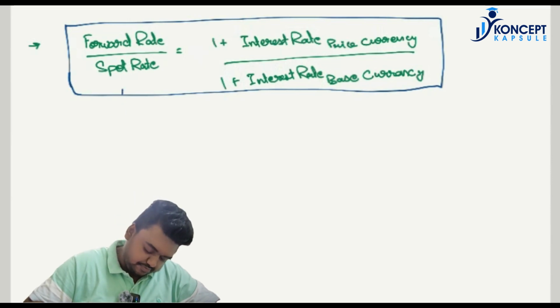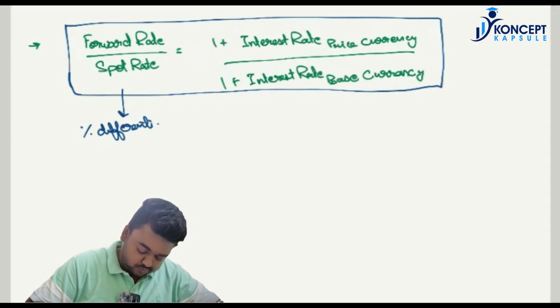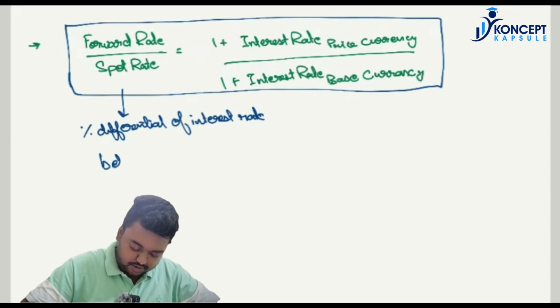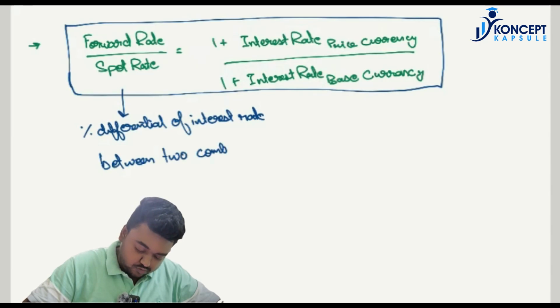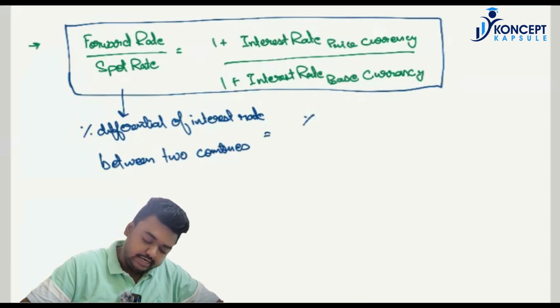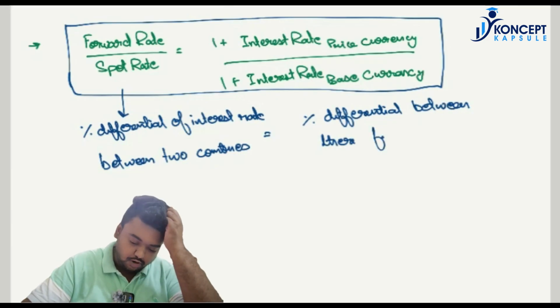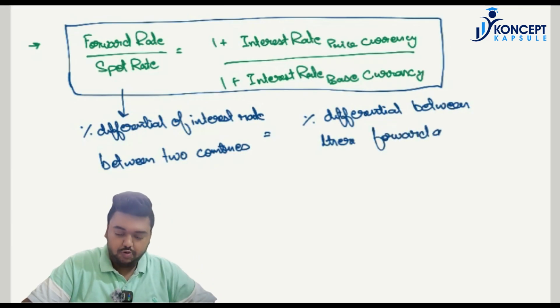So basically, the percentage differential of interest rate between two countries will be equal to the percentage differential between their forward and spot.